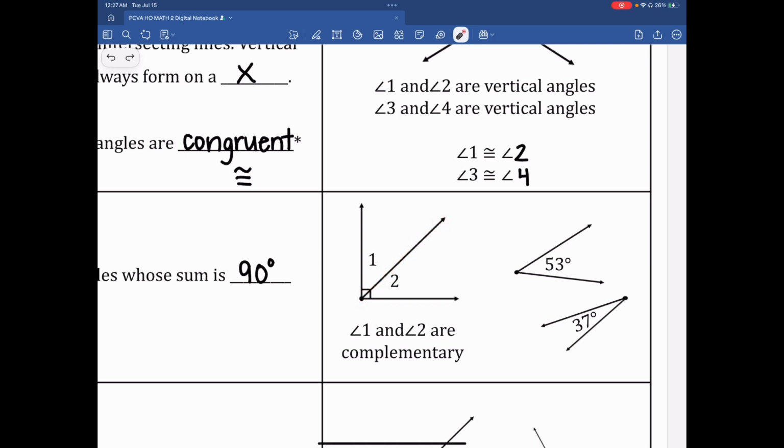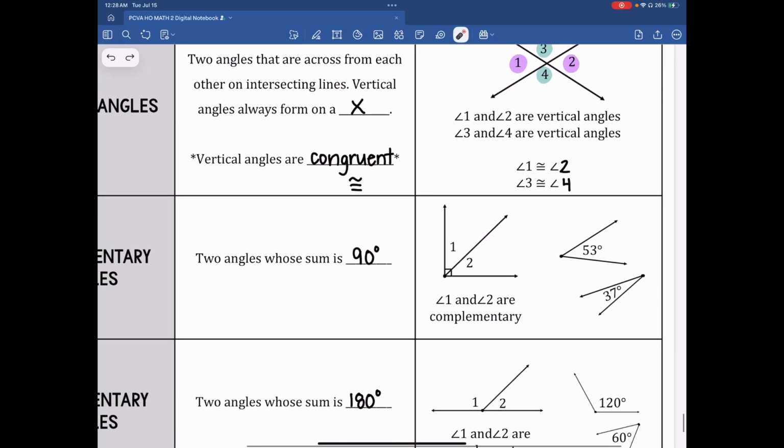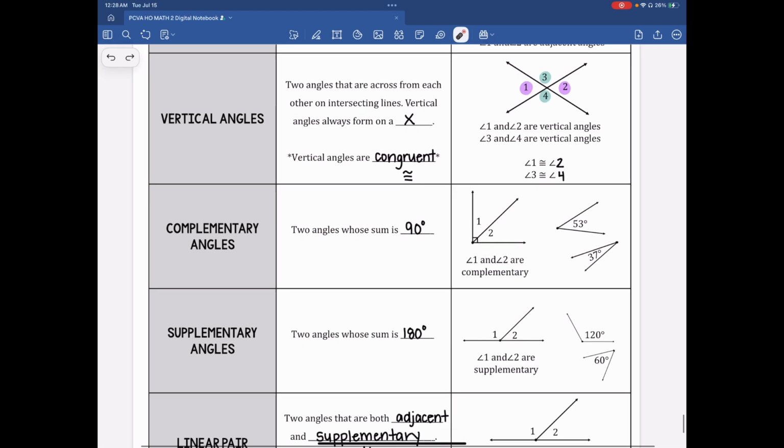They can be complementary because we have this 90-degree mark, so the whole of 1 and 2 together is 90 degrees. Or we can just have two separate angles that, when added up, equal 90 degrees. We know that 53 and 37 added together equal 90. When you hear the word complementary, that simply means two angles that are added together to equal 90 degrees.